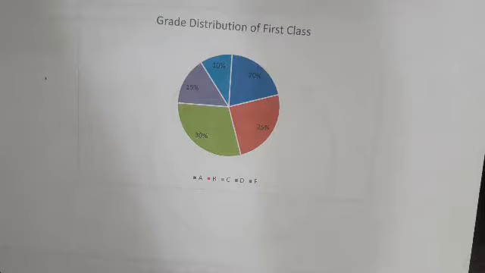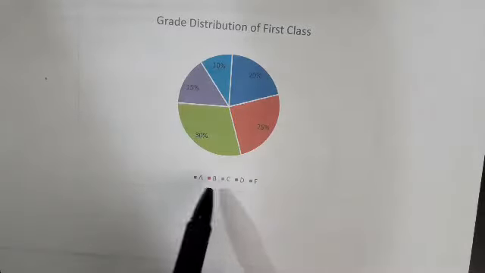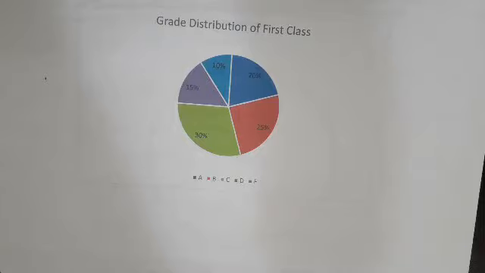Don't know why my printer decided to change its tone between those two things, but there you go. They have a color-coded key. So A is dark blue, B is red, and so on. So one way or another, you have to tell me what the categories are.